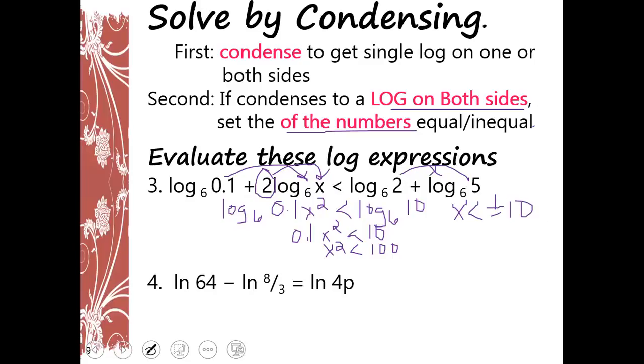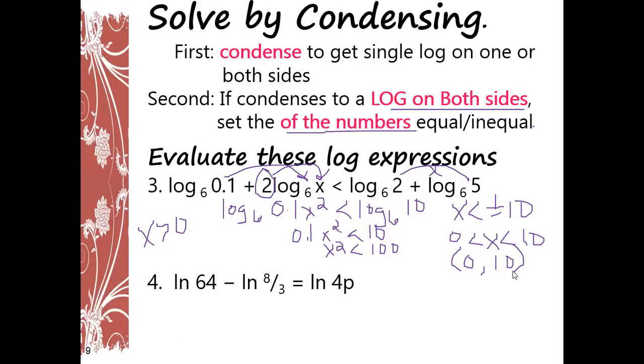Negative 10 doesn't work. So I have x is less than 10. And then I have to check my lower limit. And this second term here said that x had to be greater than 0. So in interval notation, it looks like that. 0, 10, both with parentheses.